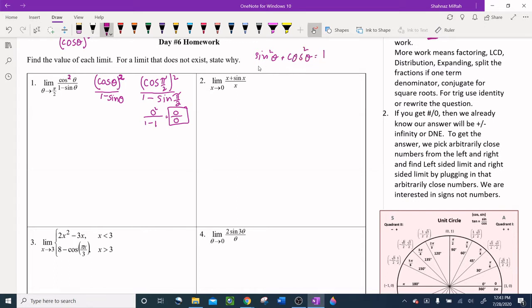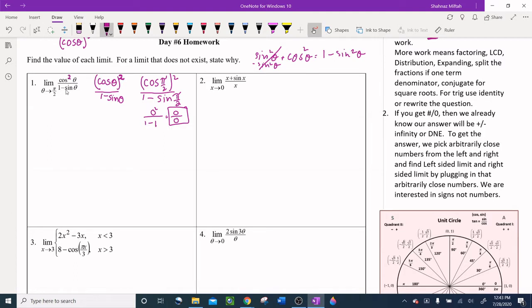That was one of my identities. Since we have a cosine square theta, I can subtract sine square theta from both sides. This cancels, and I get cosine square theta equals 1 minus sine square theta.